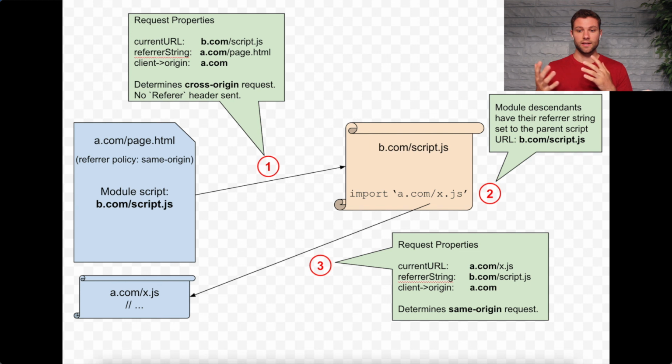So in this case, b.com script.js is the URL that might be leaked to a different origin, a candidate for redaction, and we want that to be the exact same URL that we use to determine, for the purposes of refer policy redaction, whether we should do anything to this refer string.